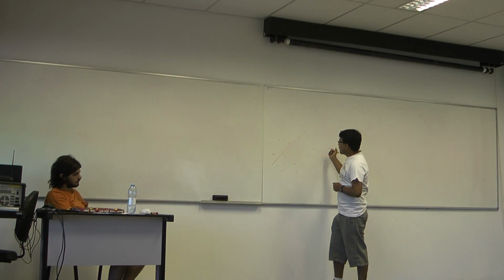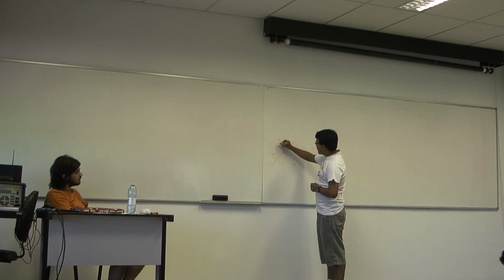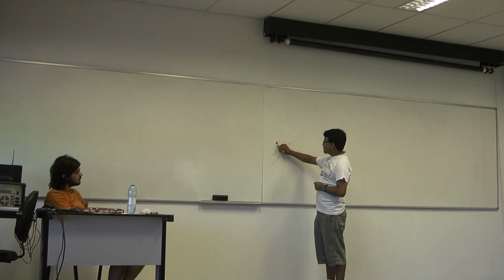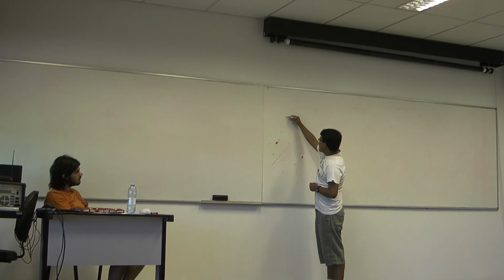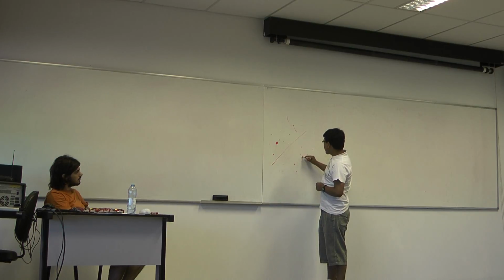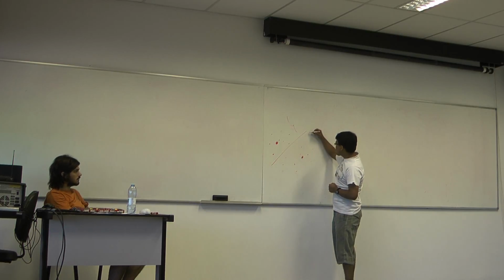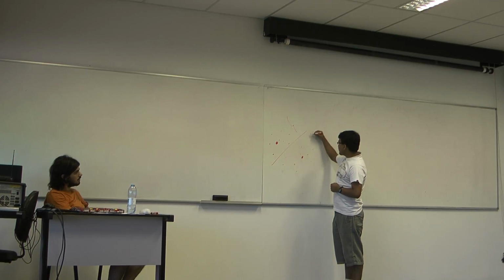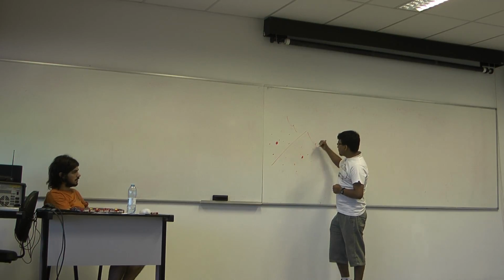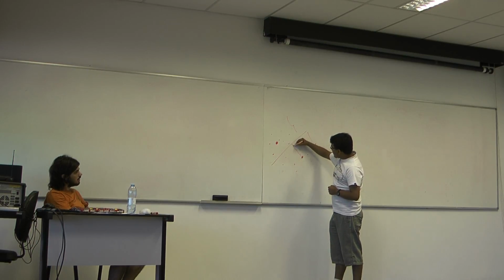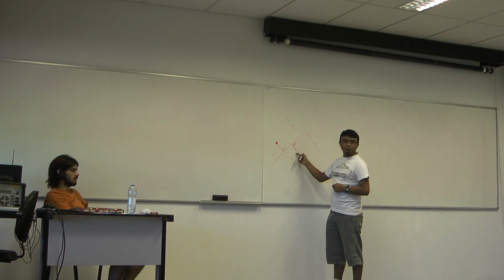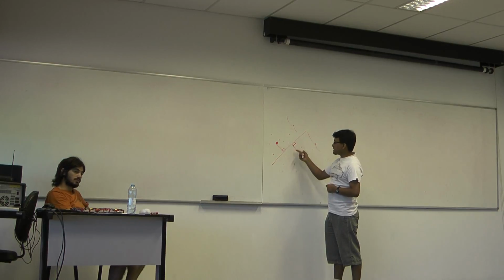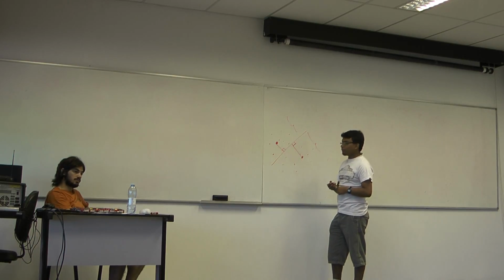So if this is the center of mass of the points in this part, and this is the center of mass of the points in the other part, these two distances have to be the same because it's the average distance.